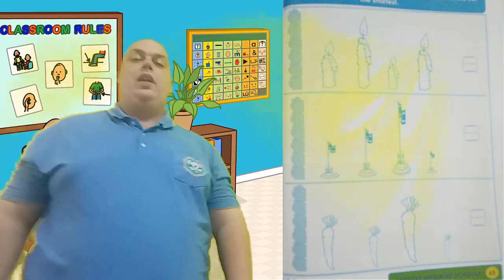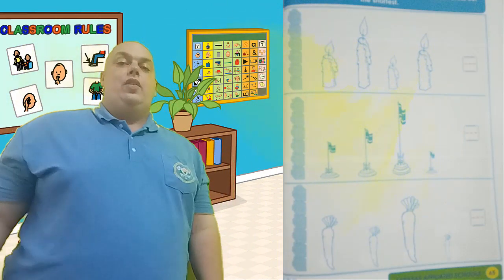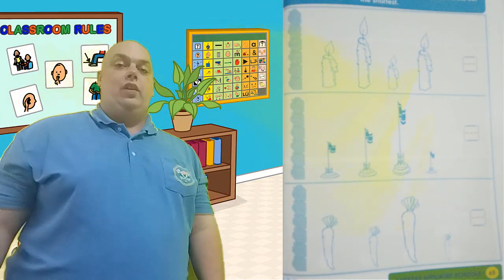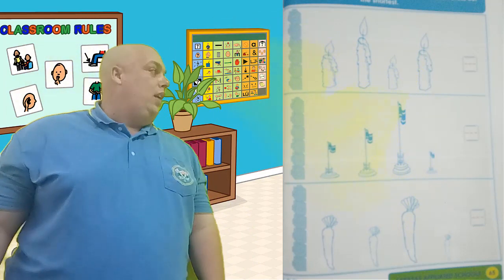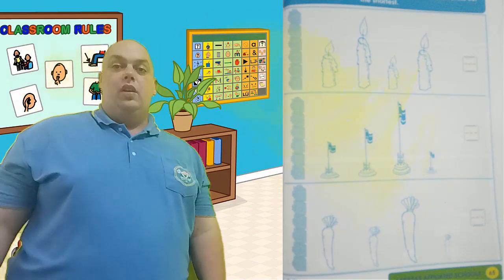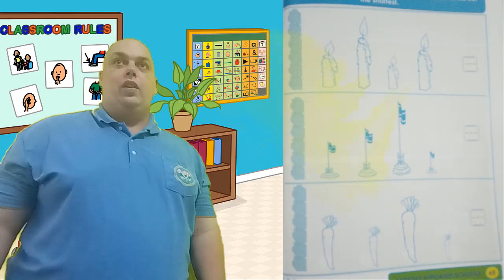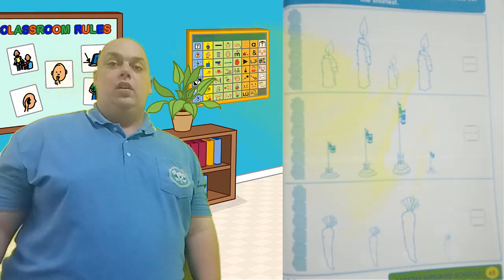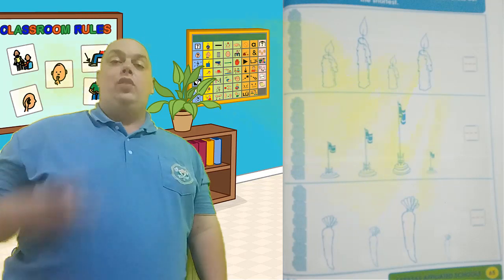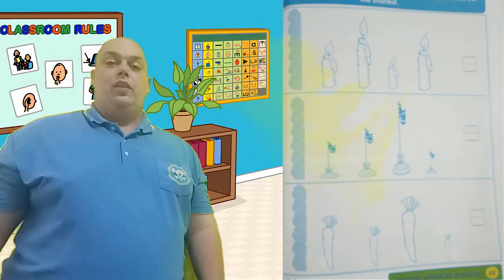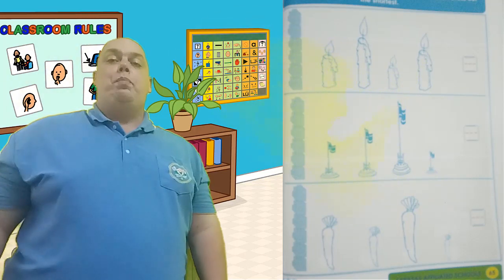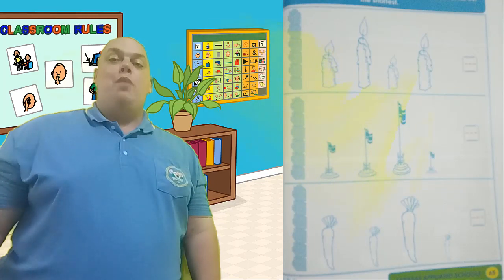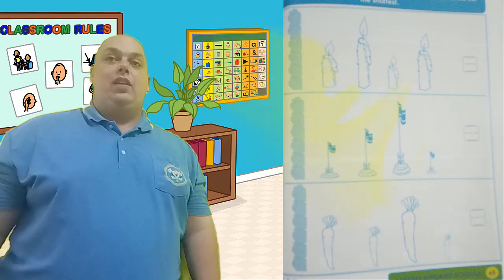Let's get started with the candles. So which one is the tallest? Is it candle number 1, 2, or 3? Yes, candle number 2 is the tallest candle. Now let's use the blocks to count how many blocks tall the candle is.